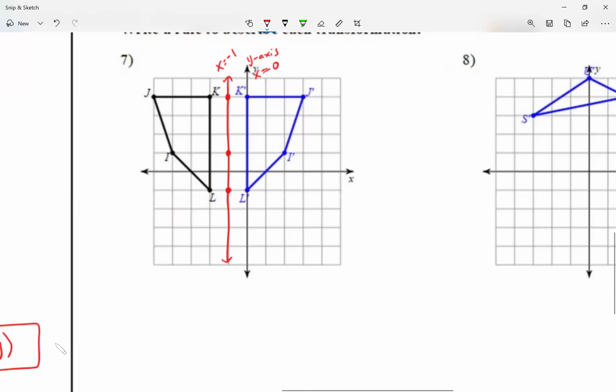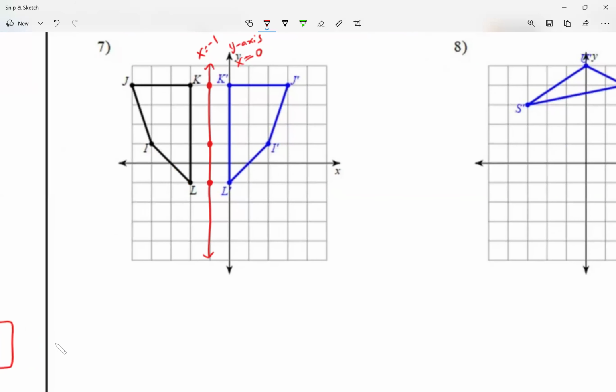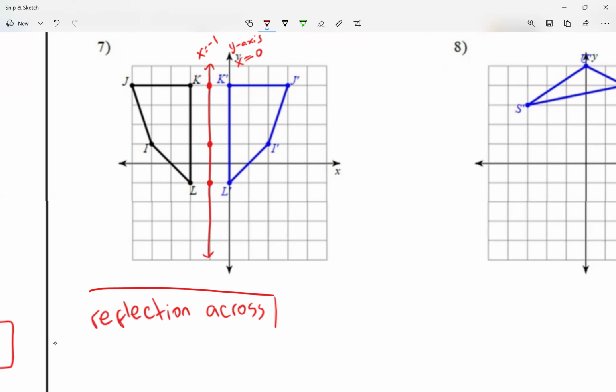So my rule for this case, I know it's reflection. So on my first thing, I'm going to choose reflection across. This is something that you guys choose. It's a list you guys choose. It's not translation. We know in this case it's reflection.